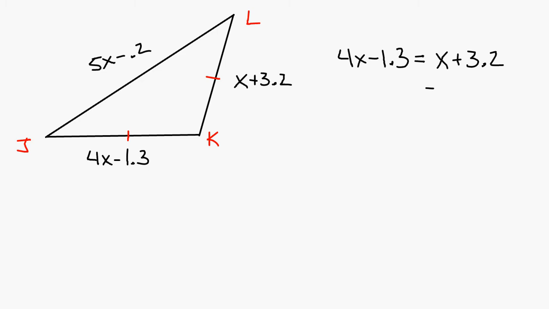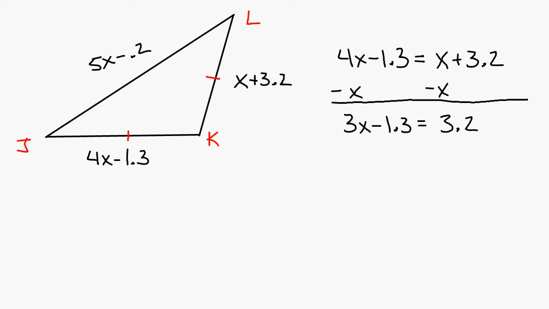So I would suggest subtracting x from each side. So 3x minus 1.3 would equal 3.2. Add 1.3 to each side. So 3x would equal 4.5.